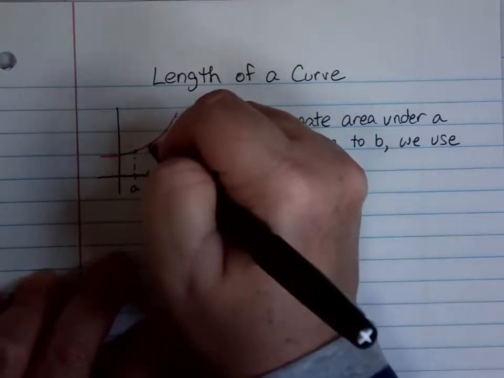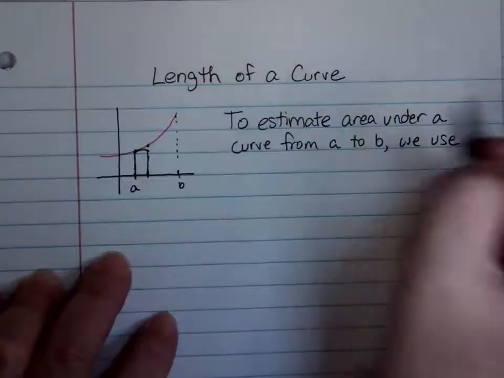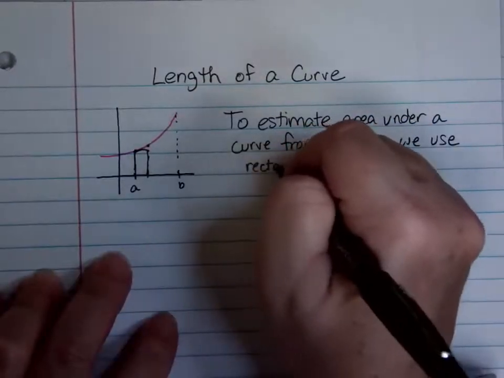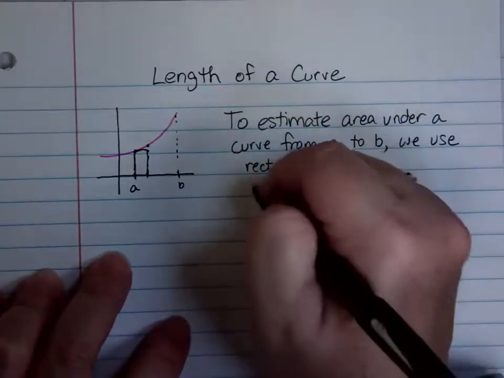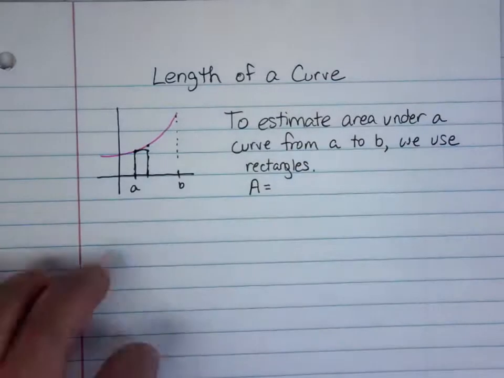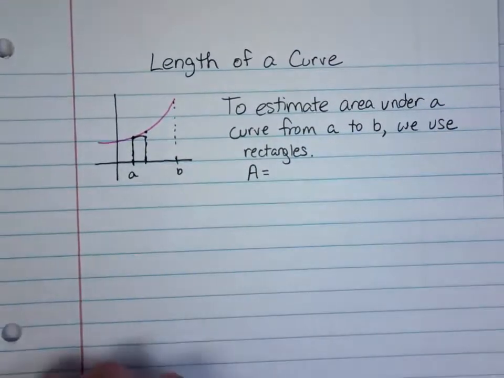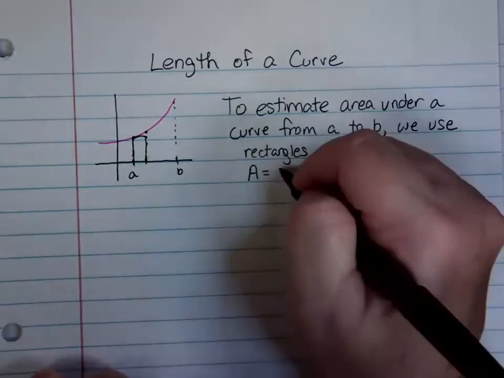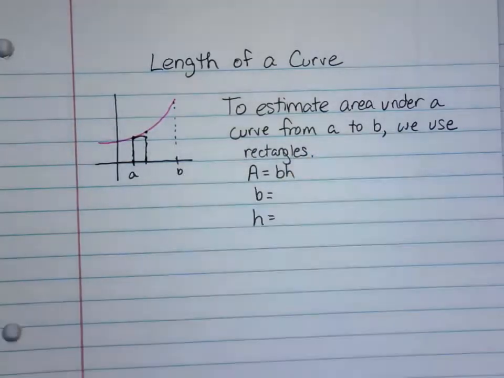So let's say we have a rectangle right here. We use rectangles. Okay, kind of thinking back to the way we did volume. What is the formula for the area of a rectangle? Base times height. What is B? What is H?